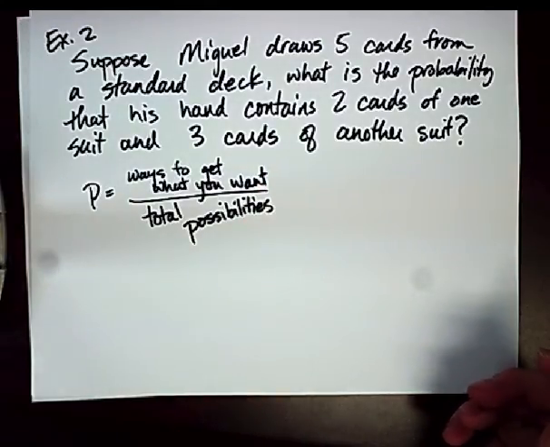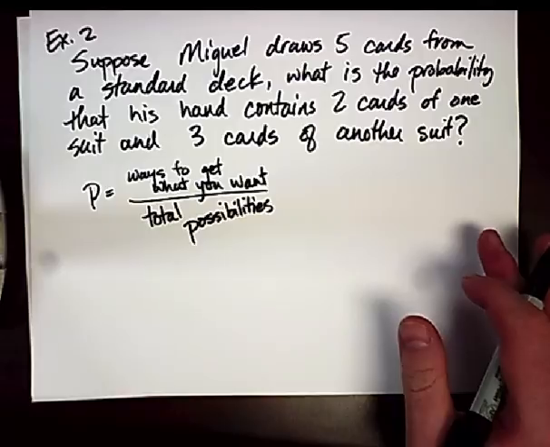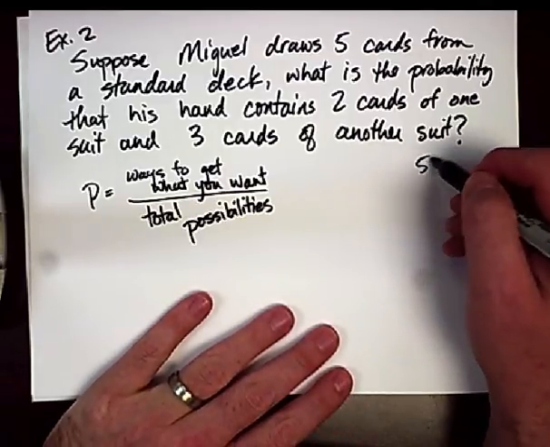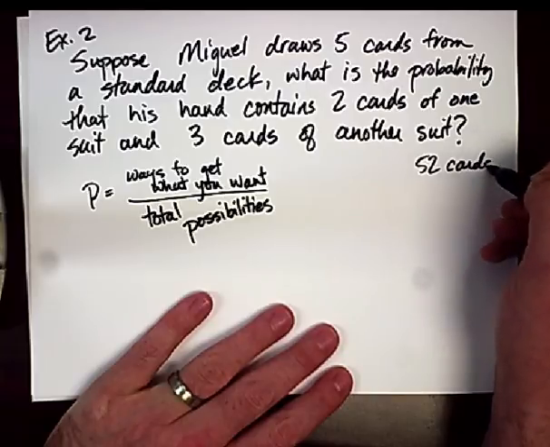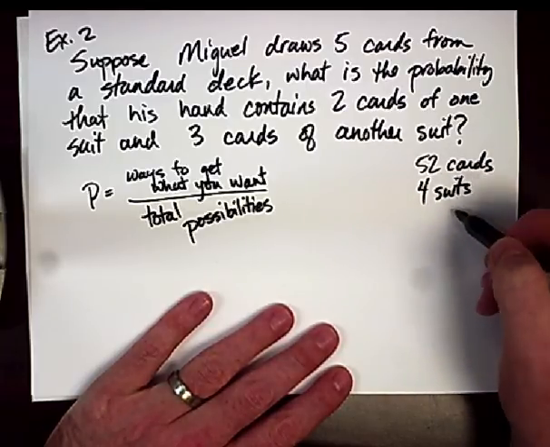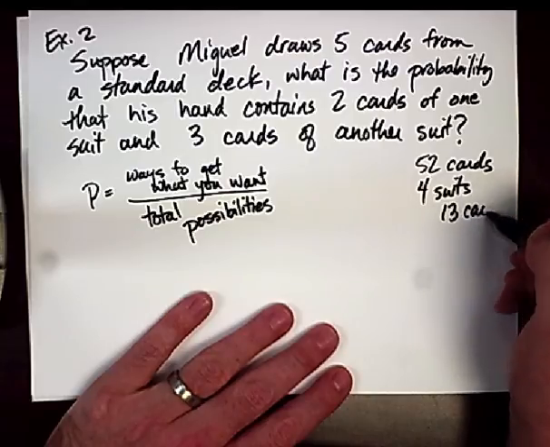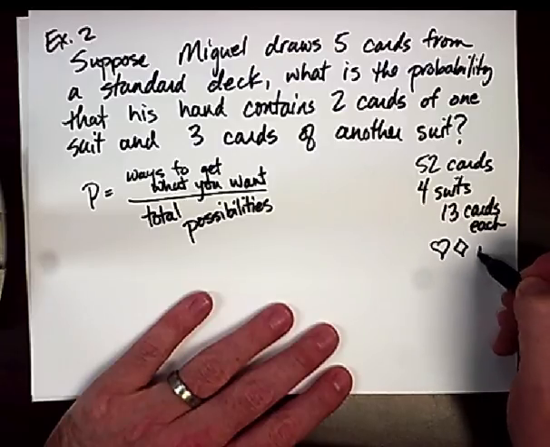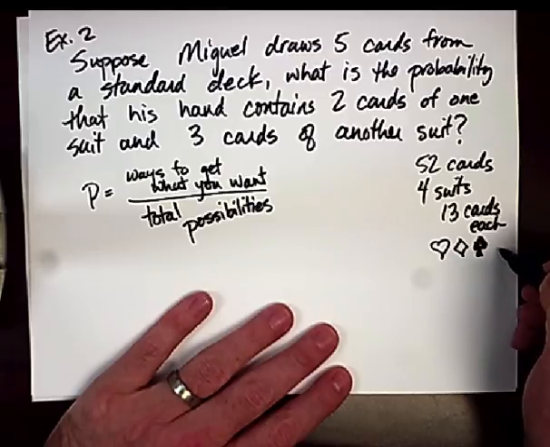Some of you may need a refresher on what a standard deck of cards is. It's 52 cards. There are 4 suits with 13 cards each. And those are hearts, diamonds, clubs, not good at drawing this, and spades.